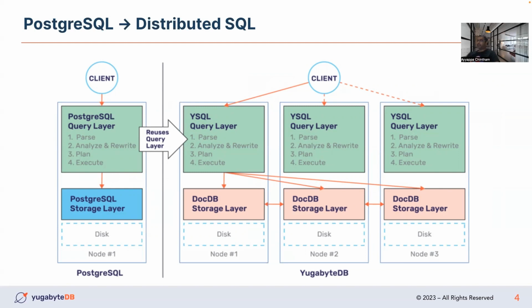So here in the screen, we can see that in a typical Postgres, we have a Postgres query layer, and it uses the Postgres storage layer. So what we at Yugabyte did is replaced the Postgres storage layer with the DocDB storage layer.